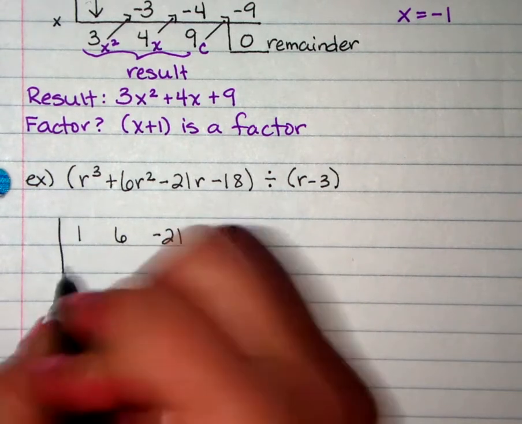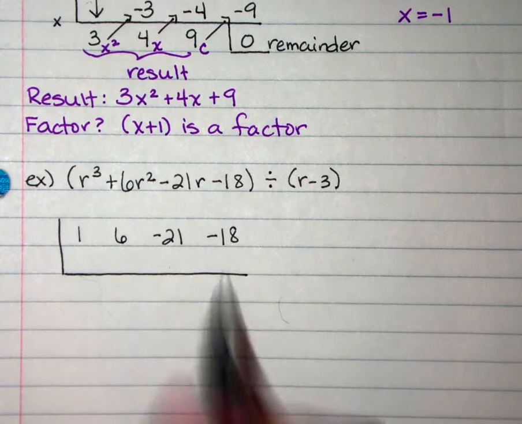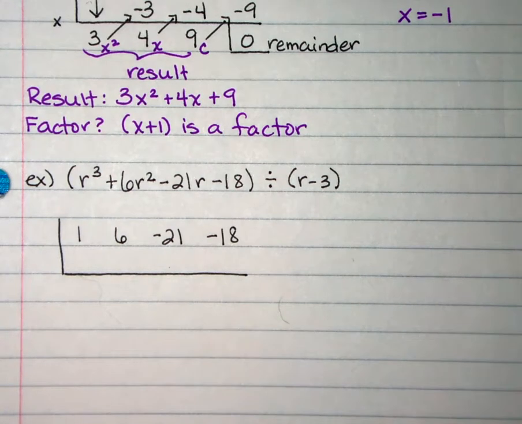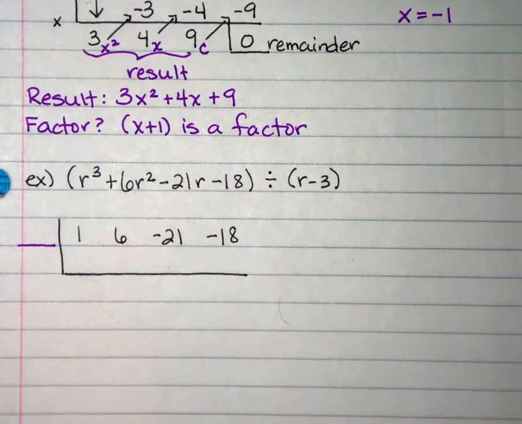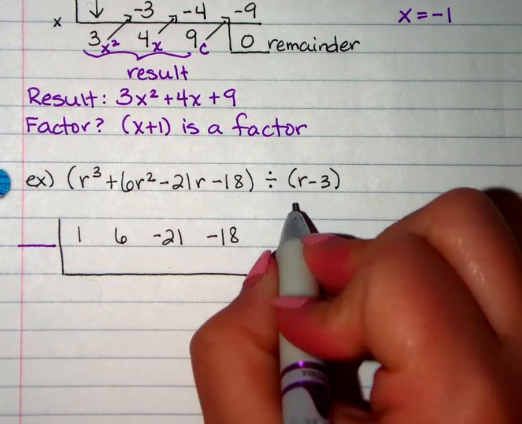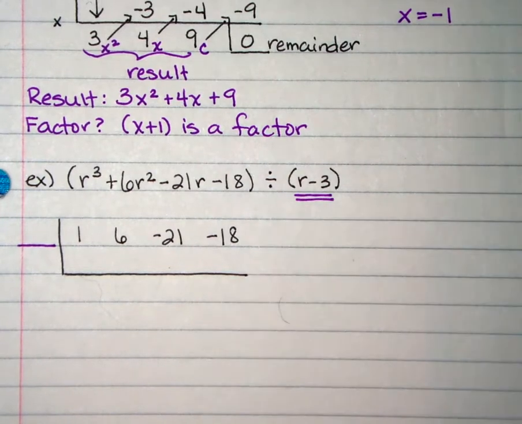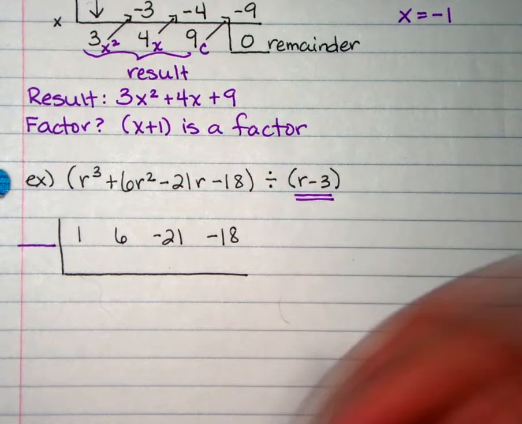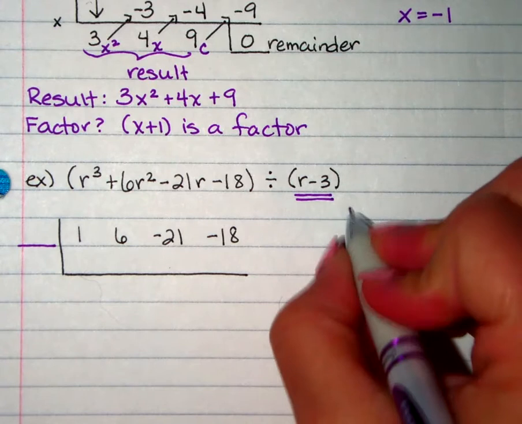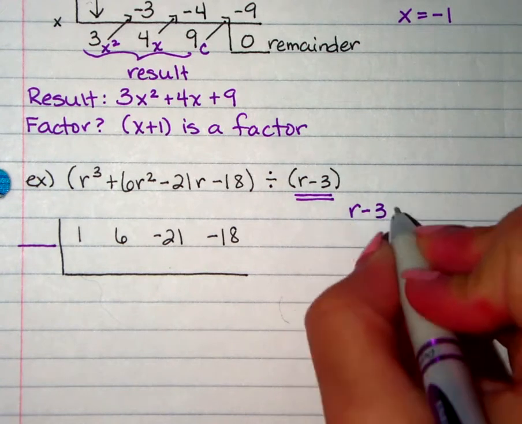And again, I need to put some number sitting here, and that's going to come from the divisor, the r minus 3. I want to know if r minus 3 is a factor, and as we start moving on to some graphing, I want to know where r minus 3 creates a 0. This is eventually going to tell us where polynomials will cross an axis, so we're talking about zeros and factors in the same meaning.